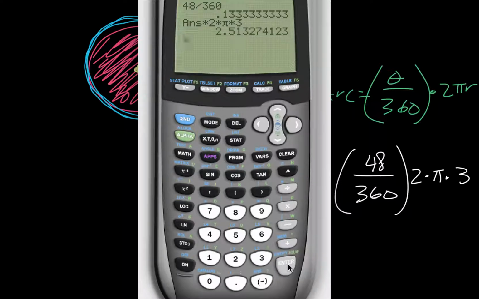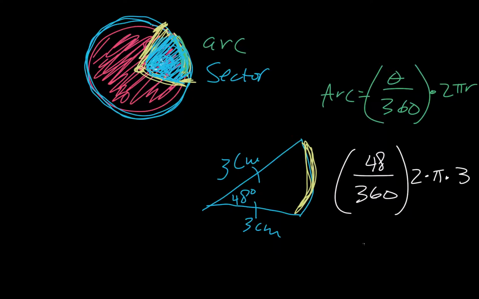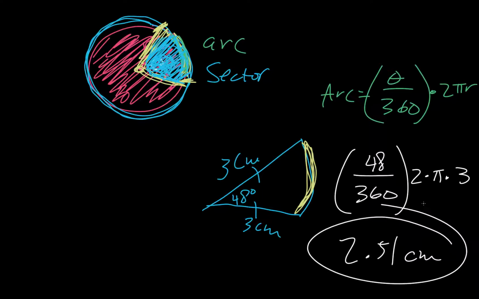Okay. So we want to write this out to 3 significant figures, so that's going to be 2.51. And since length in this problem was measured in centimeters, the length is 2.51 centimeters. Now part B asks for the perimeter of the sector.